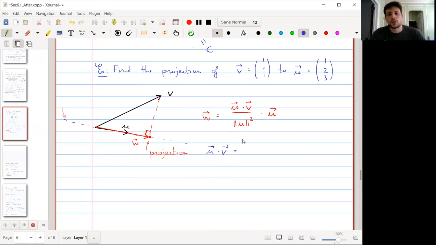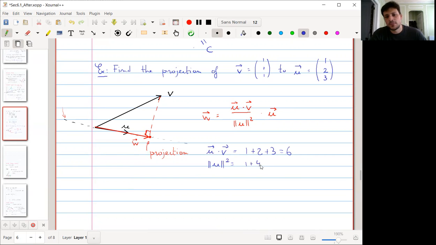The pieces of that formula are going to be the dot product between u and v, but this is 1 times 1 plus 1 times 2 plus 1 times 3. So it's 1 plus 2 plus 3, which is equal to 6. The norm of u squared is just the sum of the squares of the components of u.